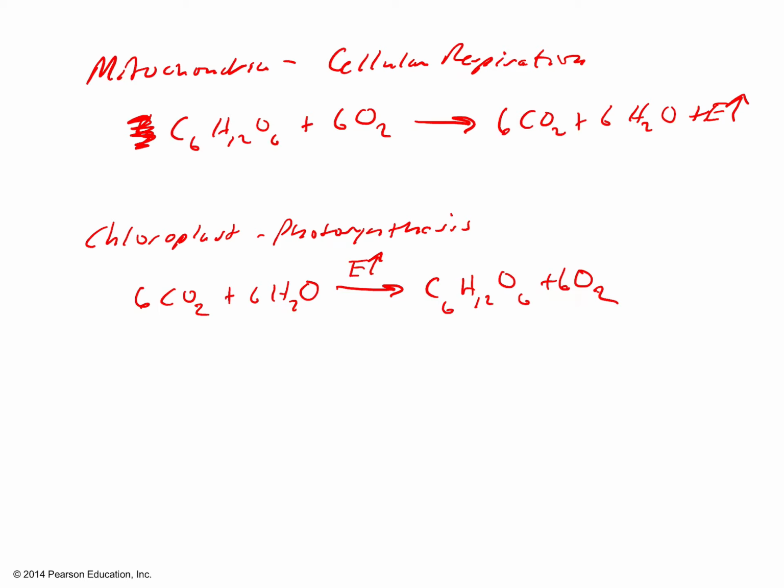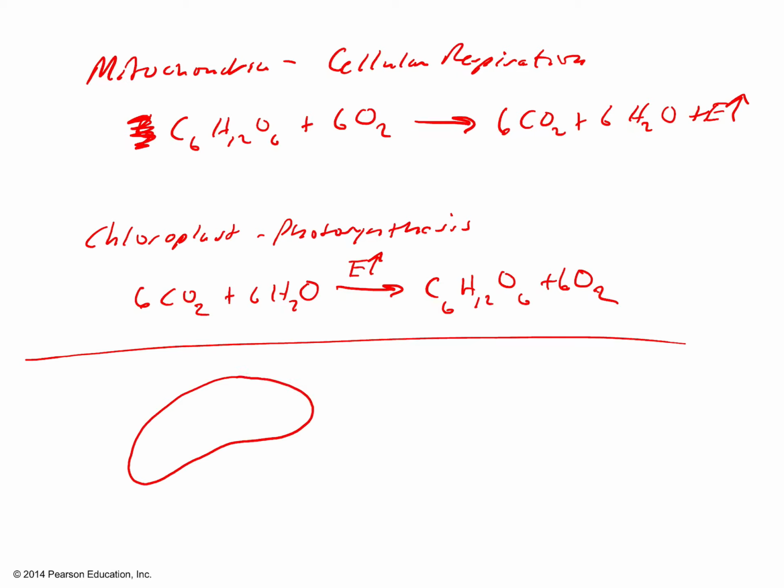Now, let's talk about mitochondria first. So mitochondria basically look like kidney bean-shaped organelles. They have an outer membrane that's smooth, and they have an inner membrane that is highly looped and folded. It's in that inner membrane, you see right there, where a molecule called ATP is produced.